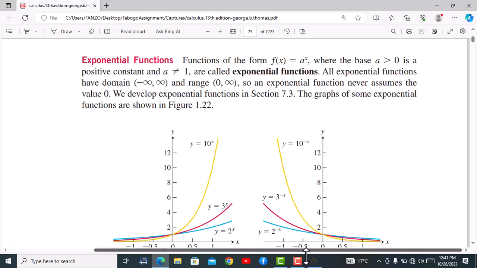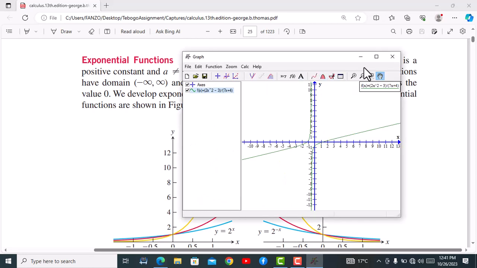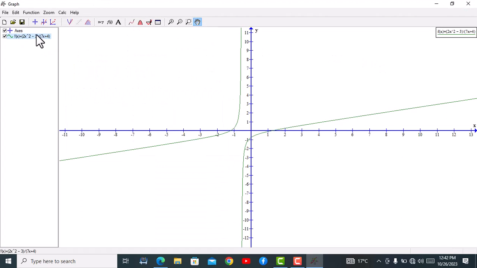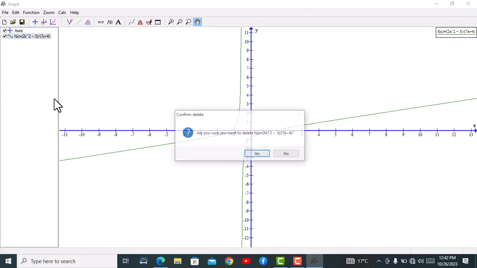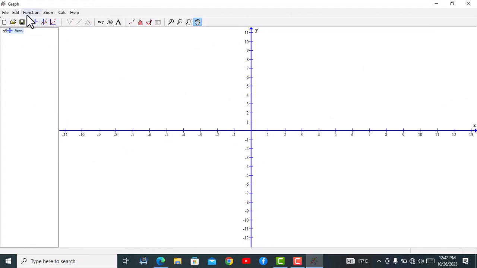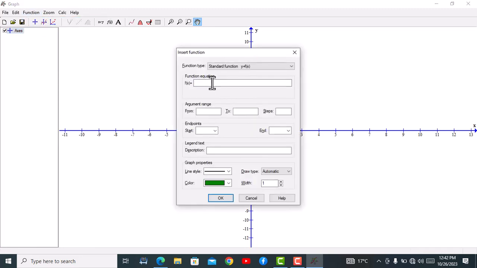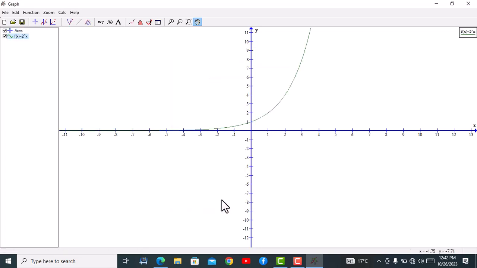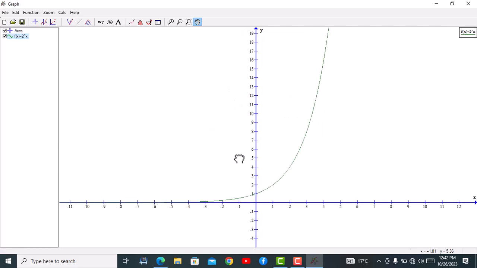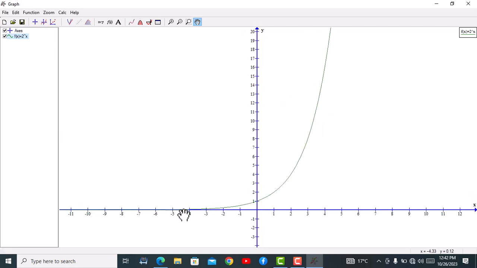Let's try to investigate that. So I'm going to delete this one and draw a function f of x equals, let me say, 2 to the exponent of x. Suppose I have this and I draw my graph, and look at what I have.